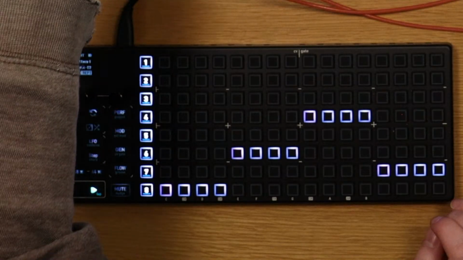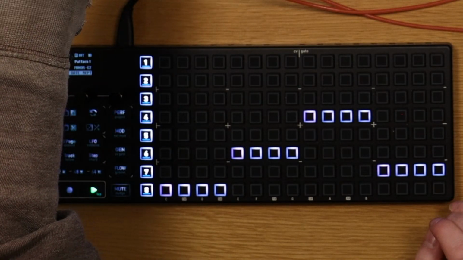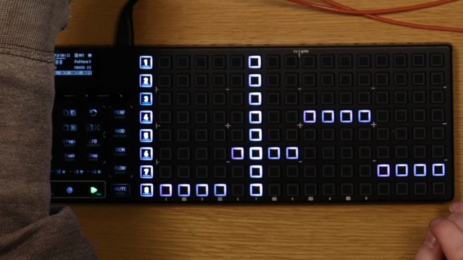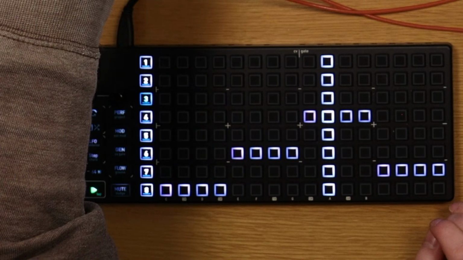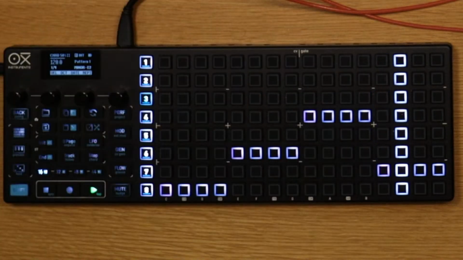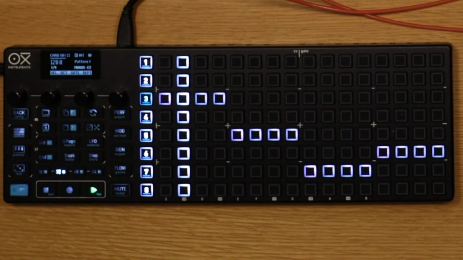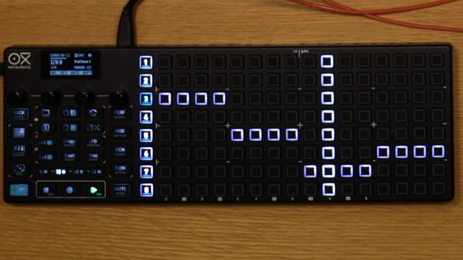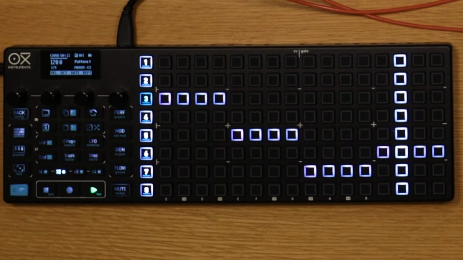Does it sound out of tune? Doesn't sound good to me at all. Not sure if I programmed the wrong notes or what.